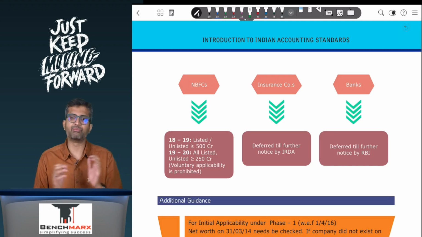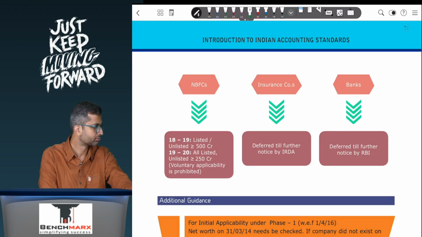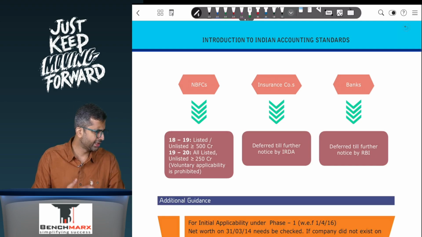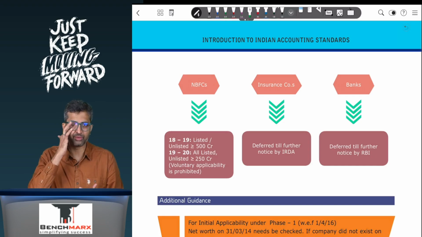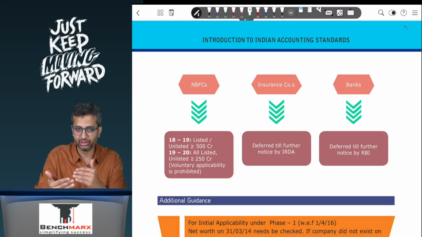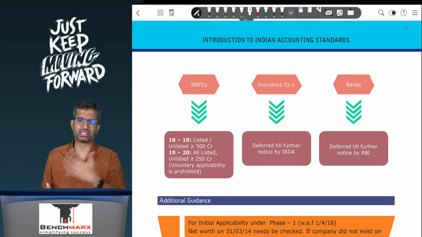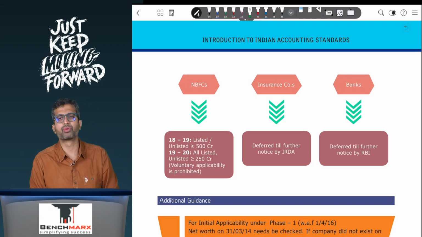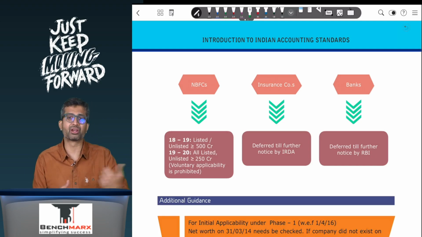So when we look at NBFCs, Ind AS is applicable to NBFCs with a 2-year lag. Now, as we speak today, when we are in the year 24-25 or 25-26, it does not really matter. But from a theoretical standpoint, NBFCs rolled into Ind AS 2 years later than regular companies.